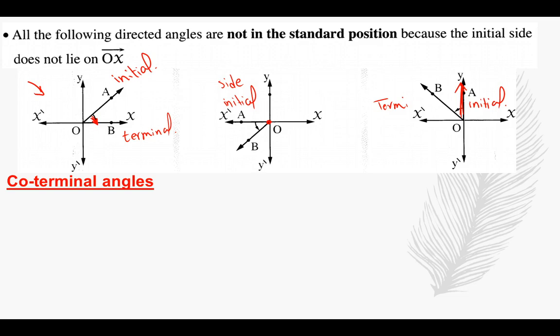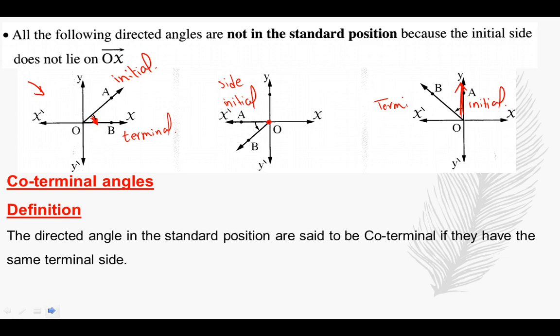Okay, let's go to another idea. Definition: the coterminal angle. What are coterminal angles? They are directed angles in the standard position. So when we talk about coterminal angles, we have two conditions: it must be a directed angle and in the standard position.